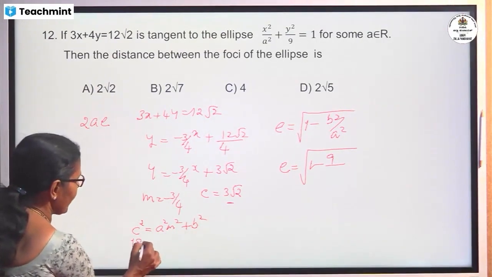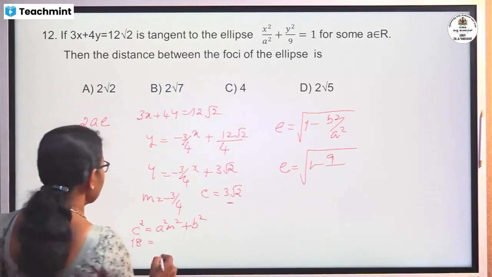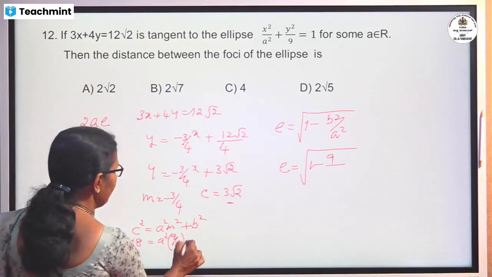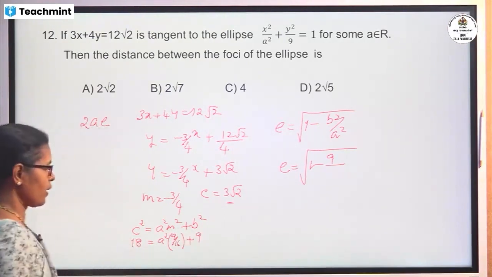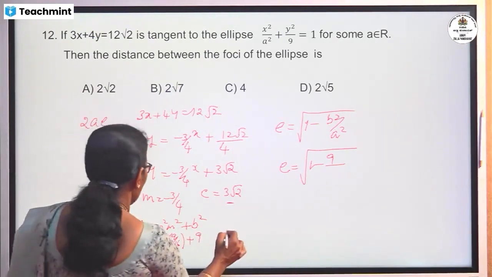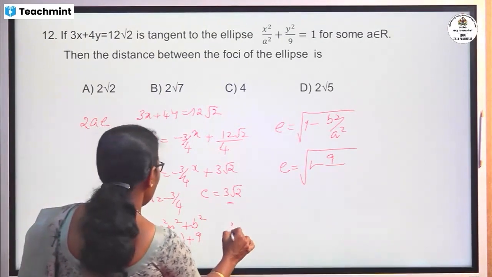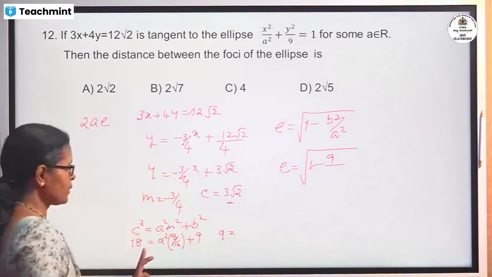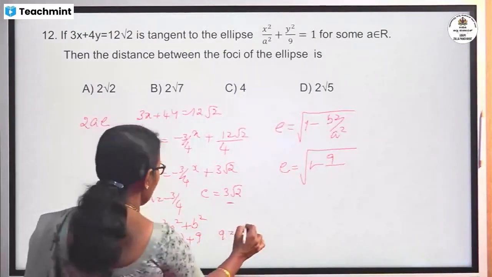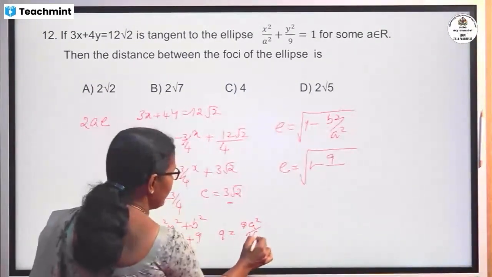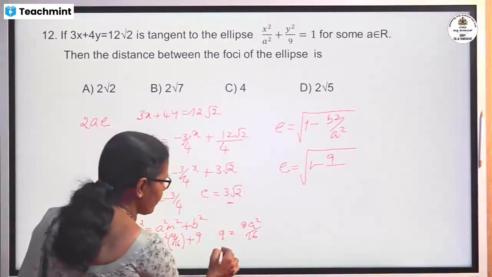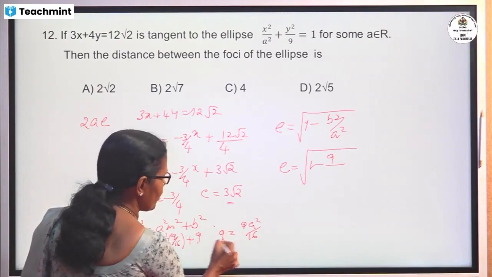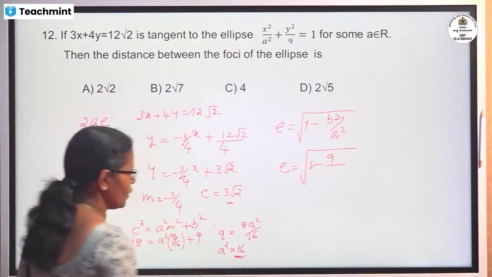Then we get here 18 equals a square times 9 by 16 plus 9. When we subtract, 9 equals 9a square by 16. Cross multiplying, a square is equal to 16 into 9 divided by 9, so a square is equal to 16.